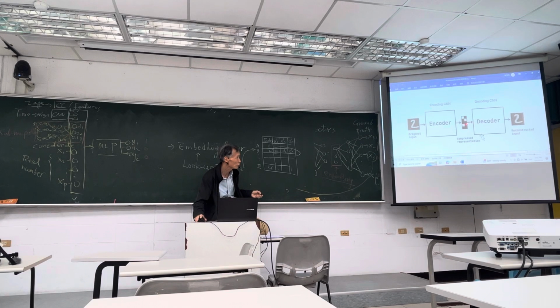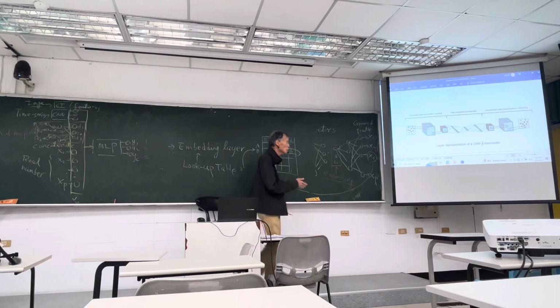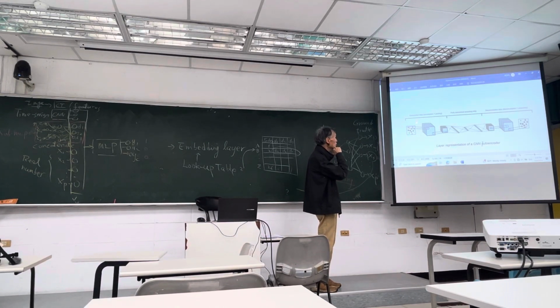So that's the typical CNN autoencoder for unstructured data. No matter if it's image or time series data, you need to go through several convolution layers and then pooling, or convolution with the stride of 2. Anyway, you try to reduce the size.